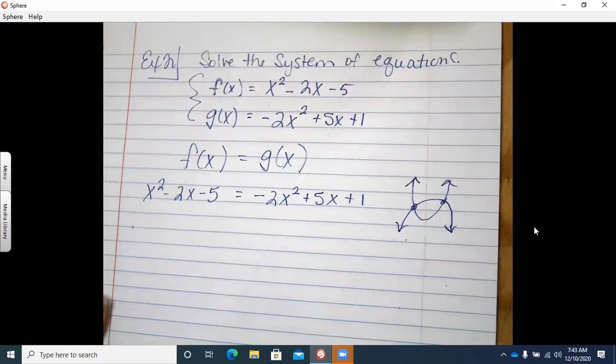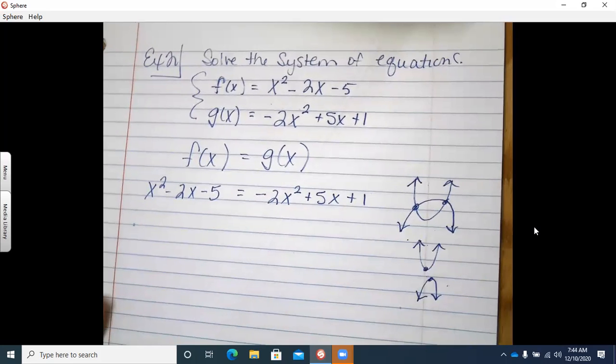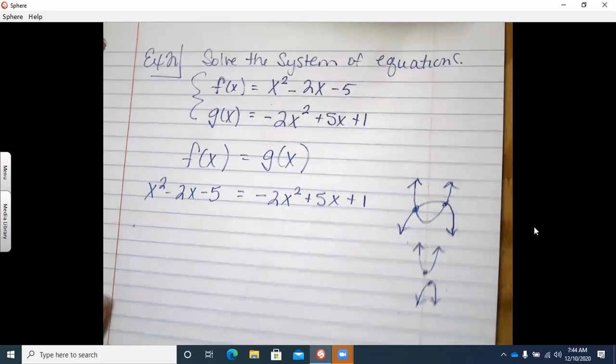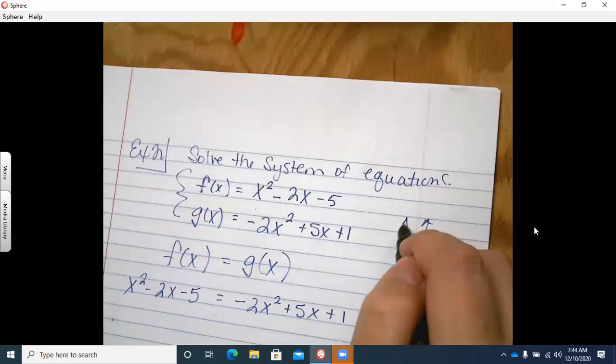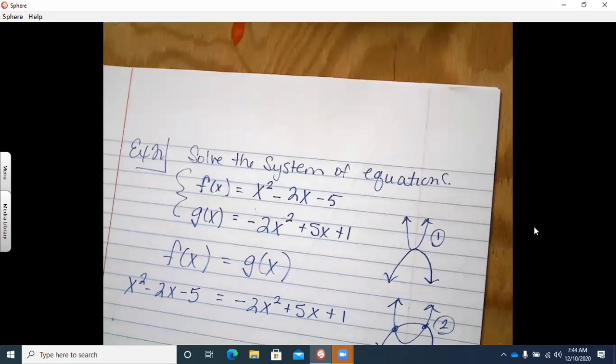Yeah, say if one was opening up and the other was opening down and their vertexes, one was above and below each other, they're not going to intersect, right? Could it intersect just one time? Yeah, because they could meet at their vertex, right? So we would have 1 solution, 2 solutions, or 0 solutions.